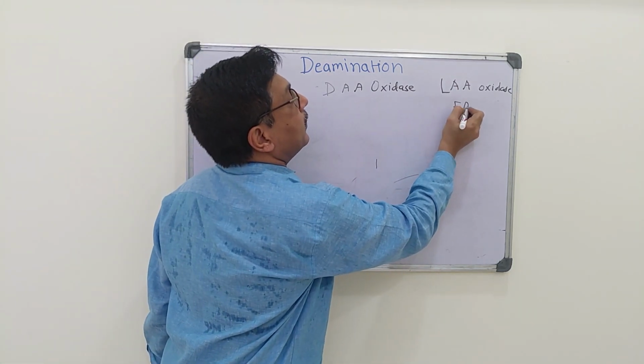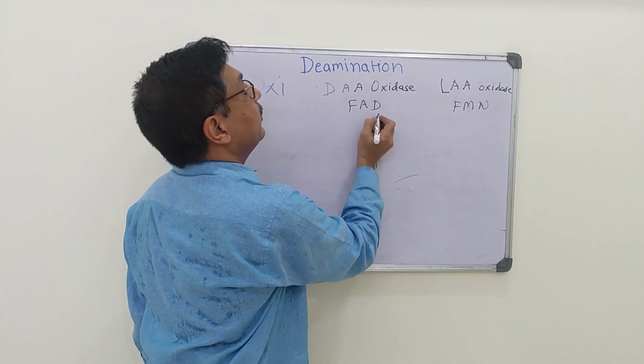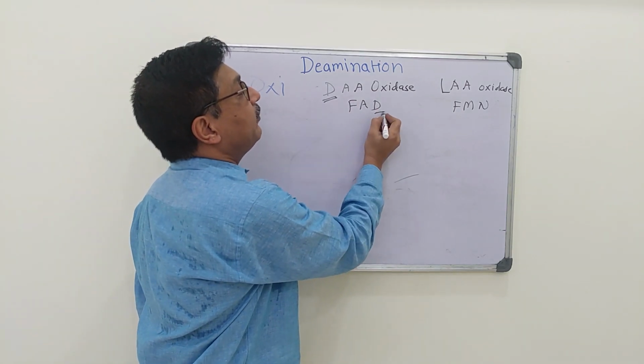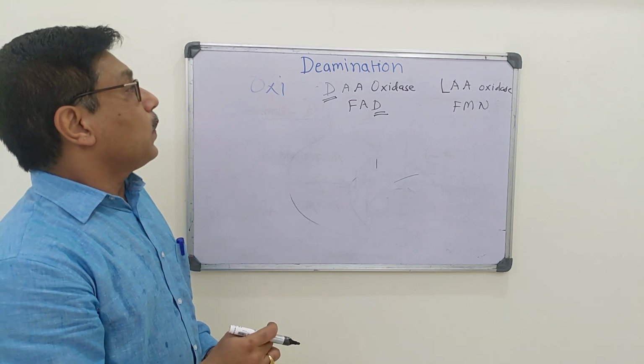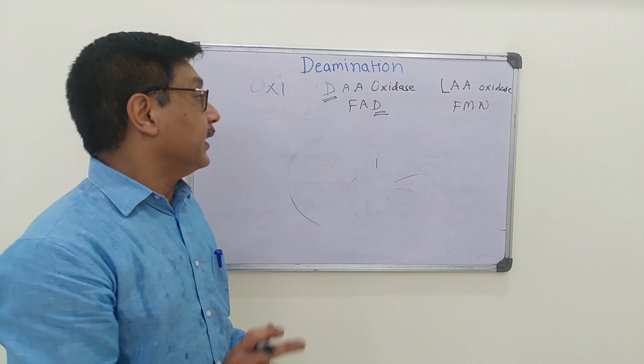Here FMN and FAD are required as coenzymes. Remember, for D-amino acid oxidase, FAD is required. These reactions take place in liver and kidney.